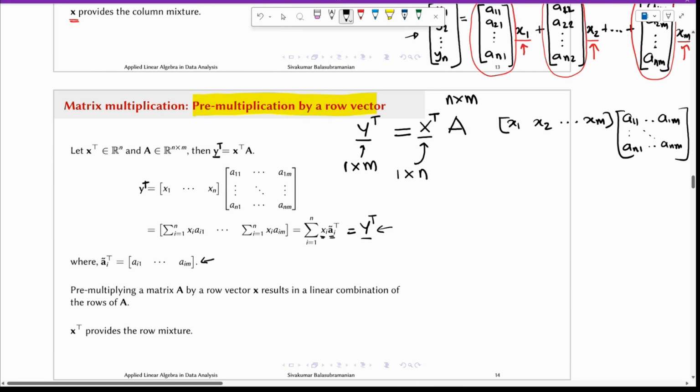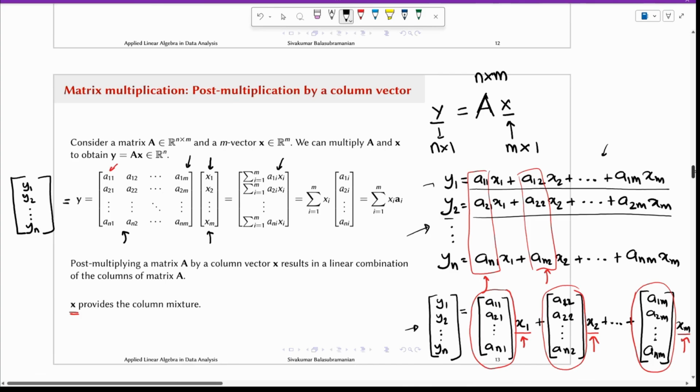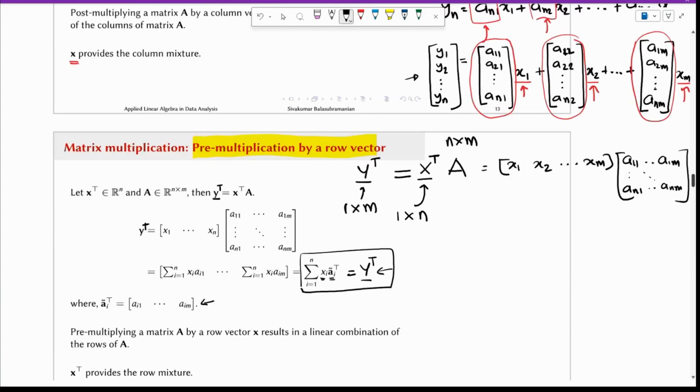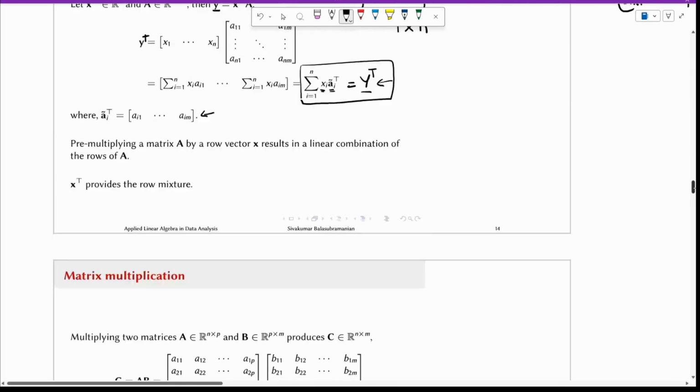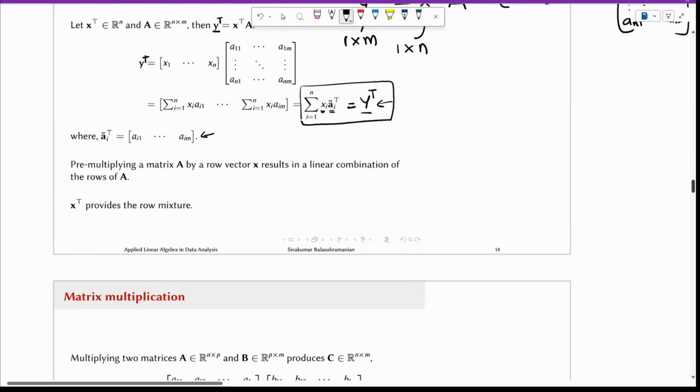If you apply the definition of matrix multiplication, you will essentially have m equations where y1 will be equal to something, y2 will be equal to something, and then you should be able to arrive at this expression, just like how we arrived at the expression for post multiplication of a matrix by a column. So again, when we're doing pre-multiplication by a row, you're taking the linear combination of the rows of A, and the exact mixture of that linear combination is given by your x transpose.